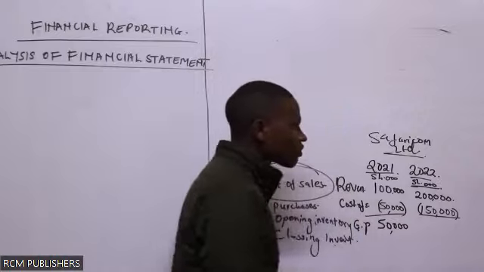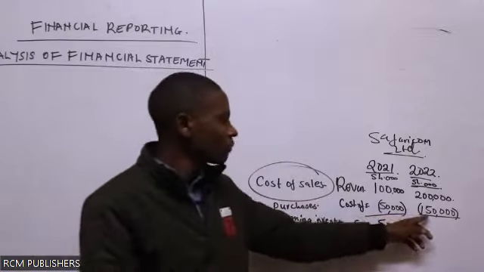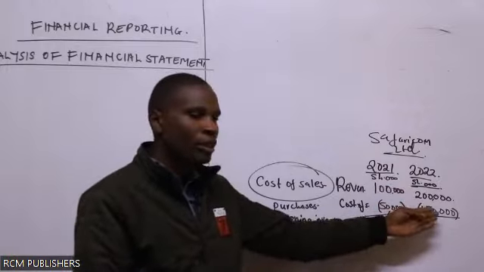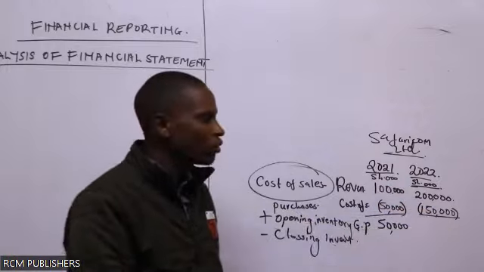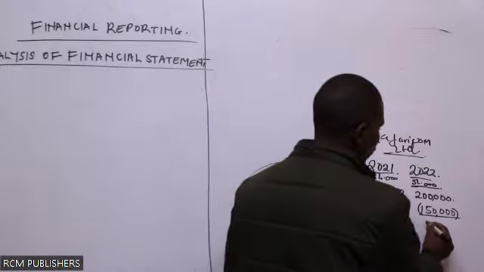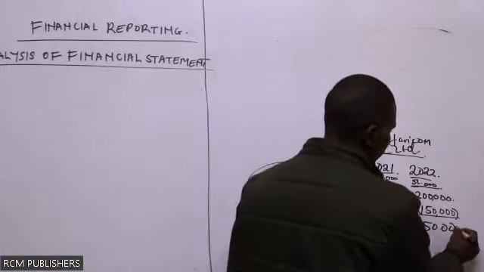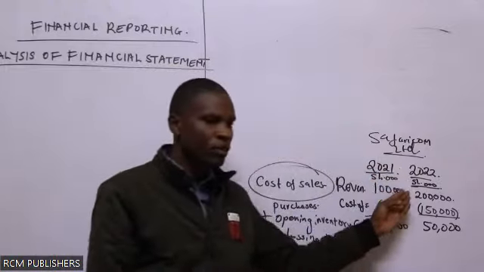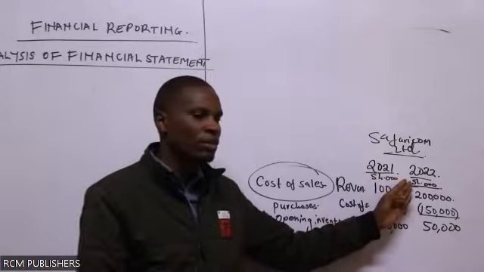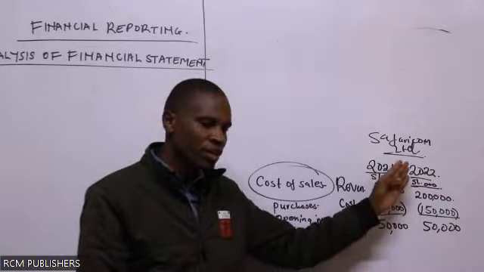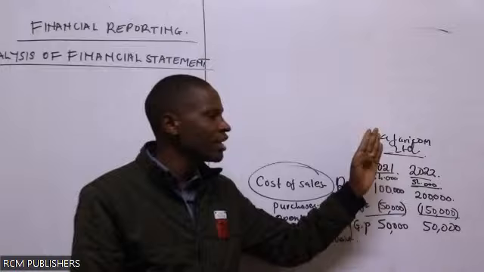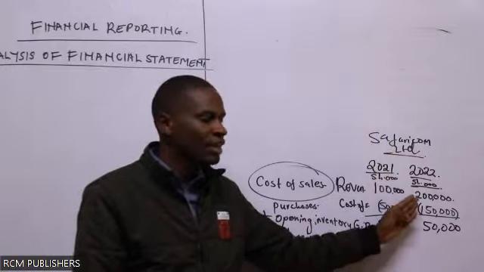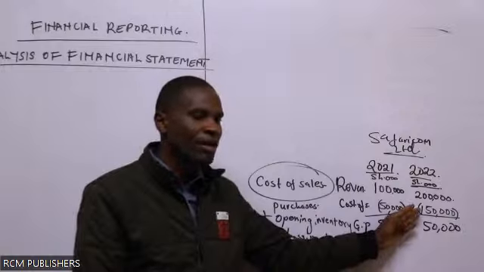What about the year 2022? We can see it is 200,000 minus 150,000, which will also give me a gross profit of 50,000. You see now, even if we got a higher revenue in the year 2022, that means our expenses were higher.